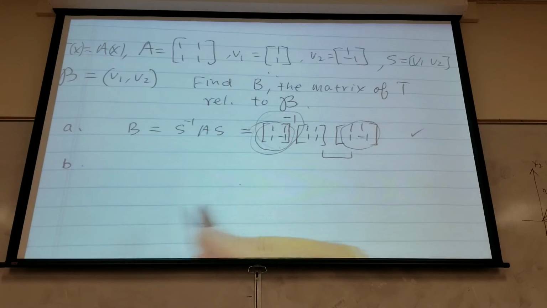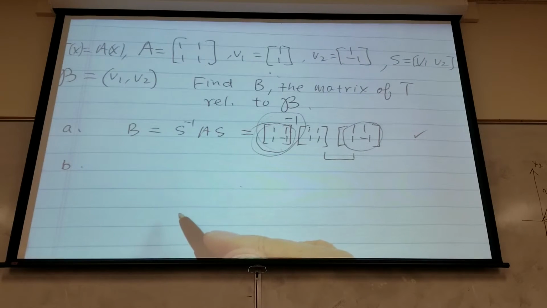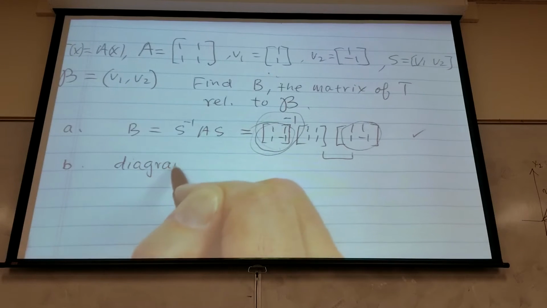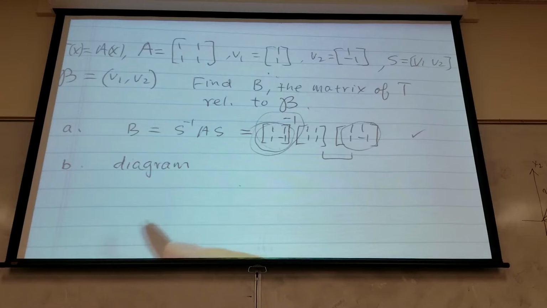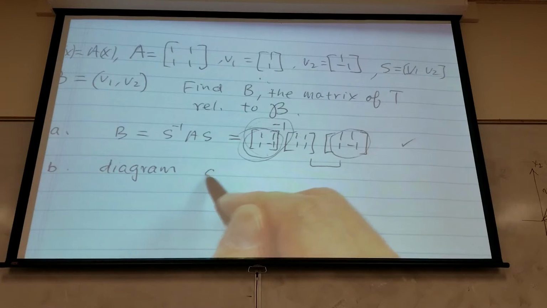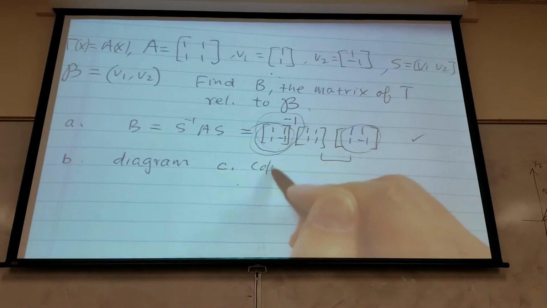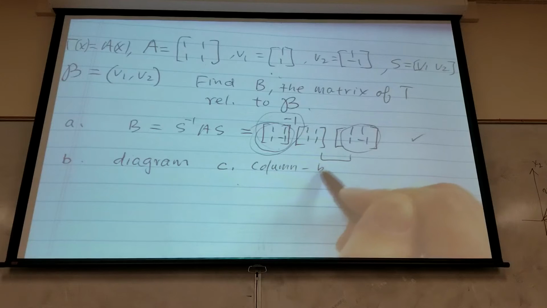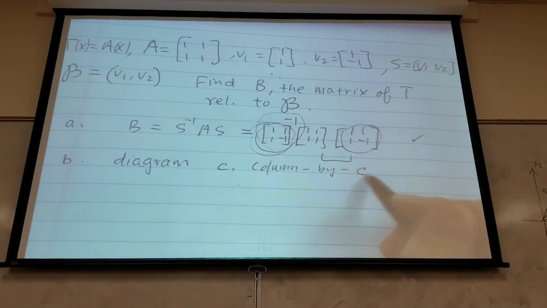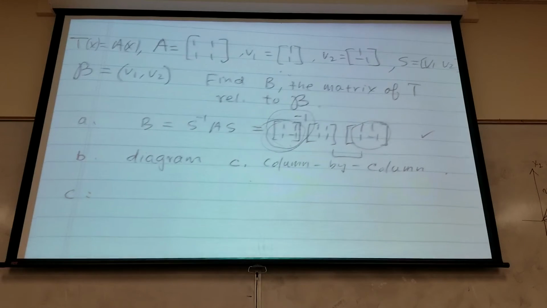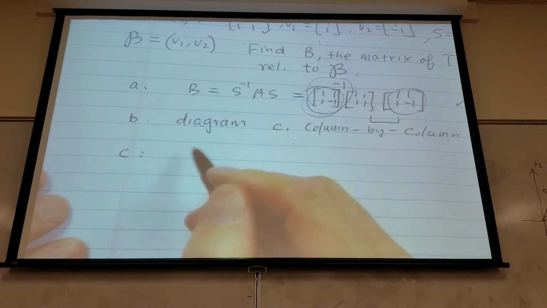The second way, they say use diagram. So I'm going to change a little bit. I'm going to do this column by column. So I do C first. Column by column. So how do we do it?